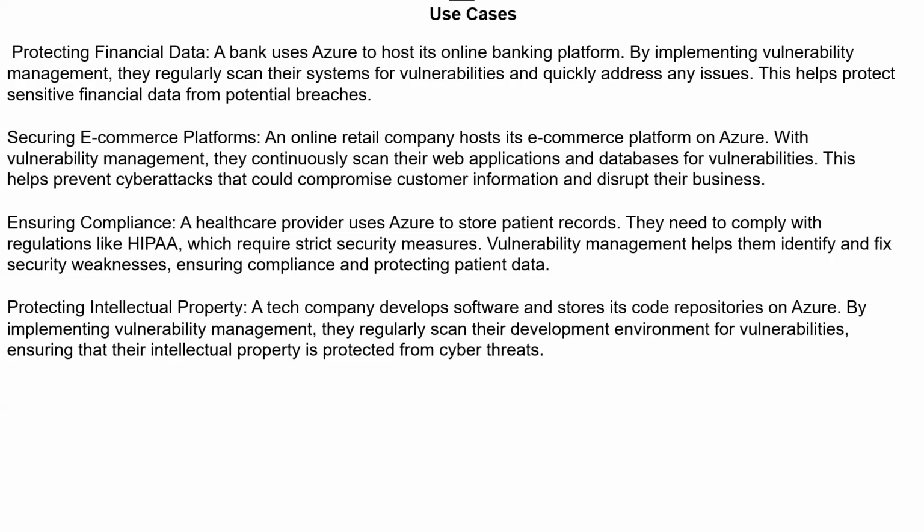And protecting intellectual property, because customer data is always intellectual property. If there is any code stored, the code is also intellectual property of a company, tech companies or software companies. By implementing vulnerability management, if there are any insecurities or exposures in the code, we can fix them rather than move into production.